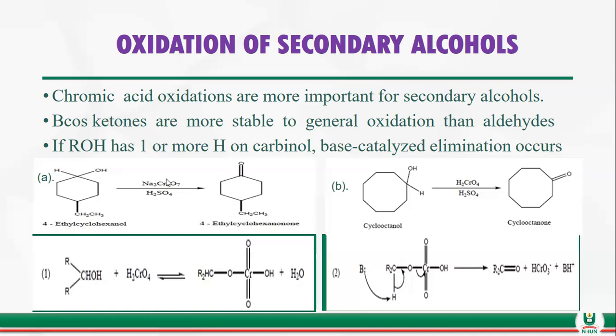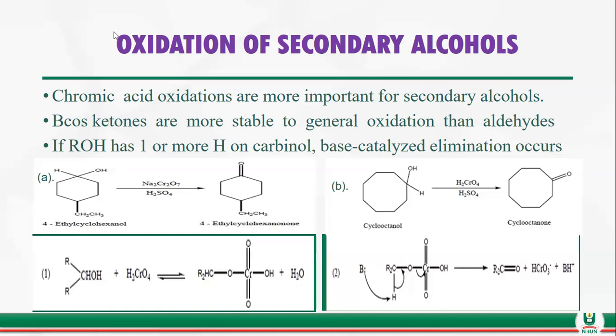The major oxidizing agent that we use is sodium dichromate in acid, or you can use chromic acid. It will turn a secondary alcohol to a ketone, and the reaction will stop there. Ketone will not go further.